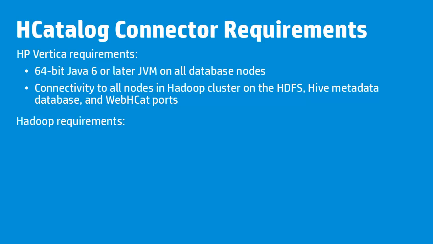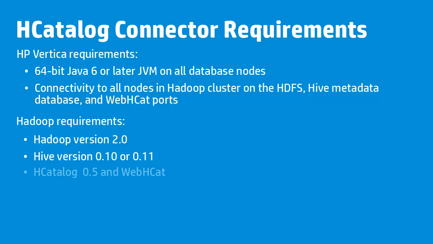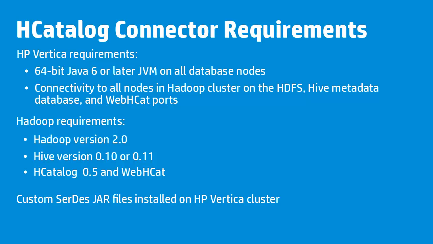To work with the HCatalog connector, your Hadoop cluster must use Hadoop version 2.0, have Hive version 0.10 or 0.11 installed, and have HCatalog 0.5 installed with WebHCat enabled. If any of your Hive tables use a custom SerDe, you need to install the SerDe's jar file on your HP Vertica cluster. See the HP Vertica documentation for instructions.